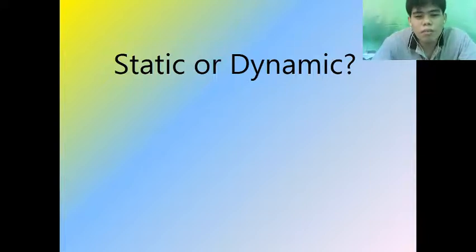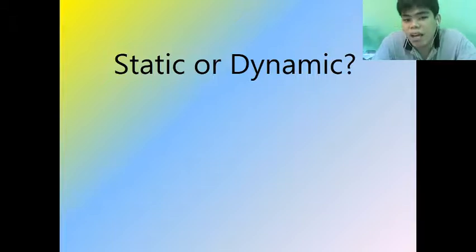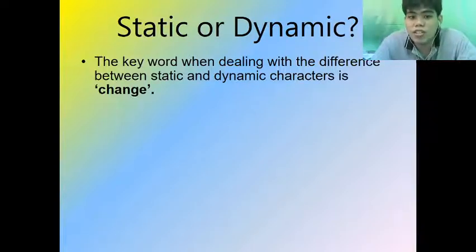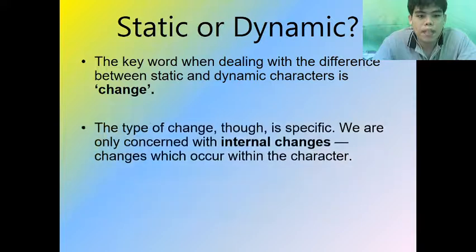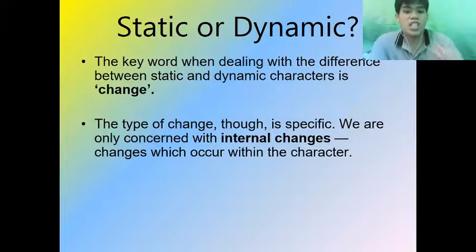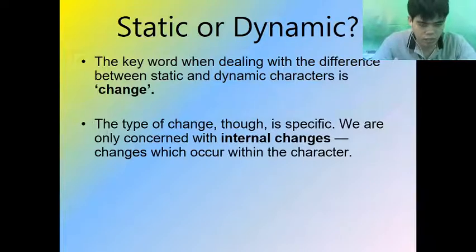Next, what do we mean by a static, or what do we mean by a dynamic character? The key word when dealing with the difference between static and dynamic characters is the word change. The type of change, though, is specific. We are only concerned with internal changes which occur within the character.